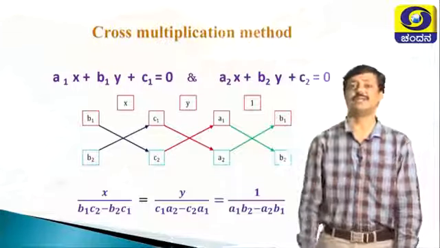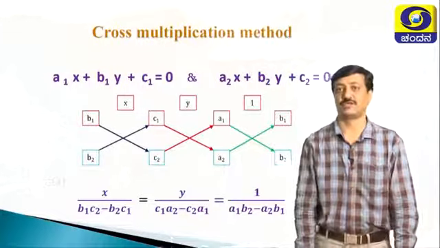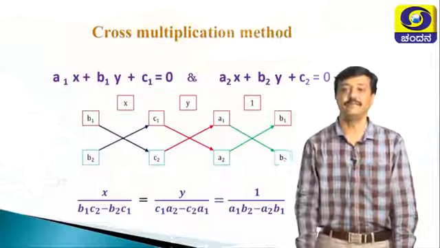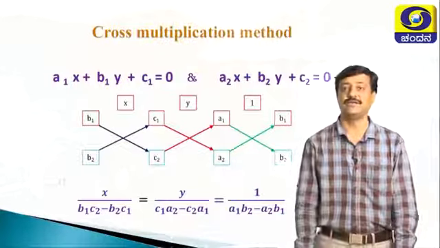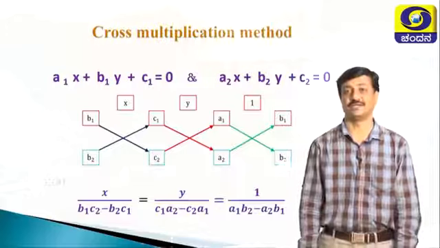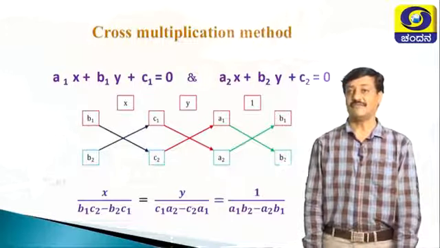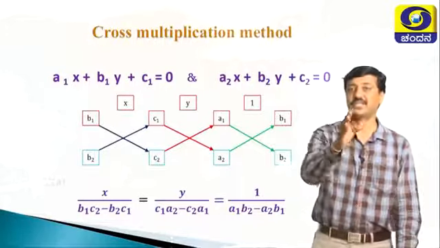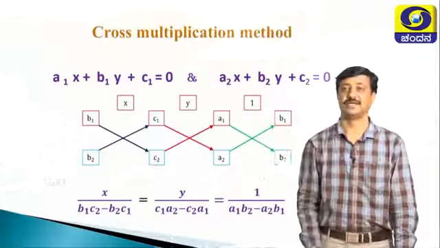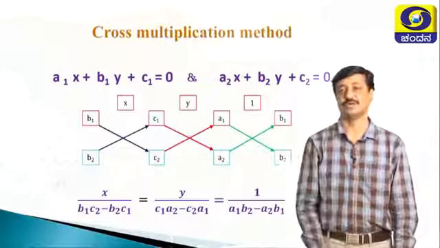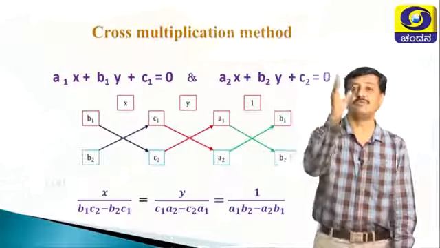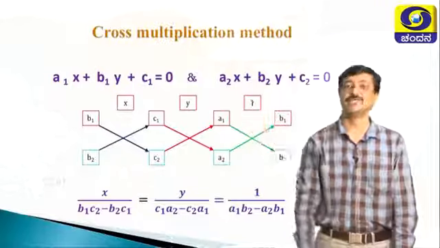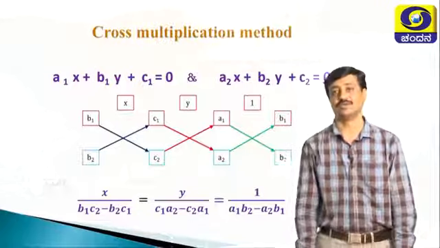These are the three ratios, and are very important to arrive at the values of x and y. After comparing first ratio with the third, you get x value. Again, by comparing second ratio with the third, you will get the y value.